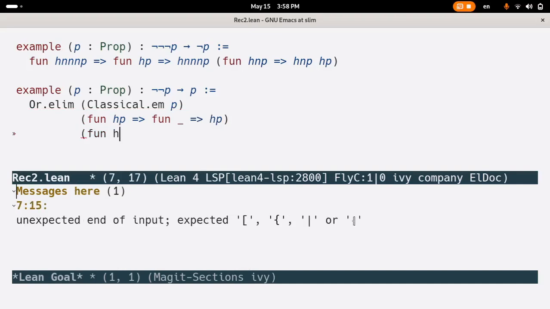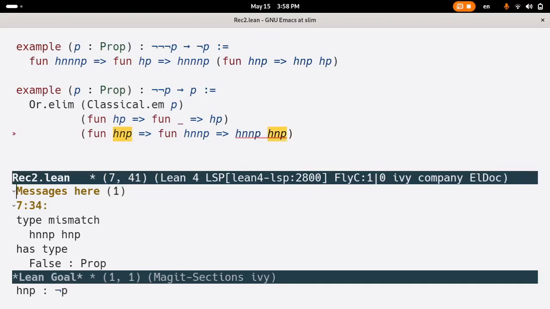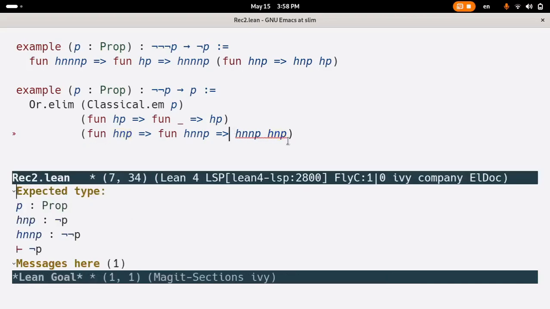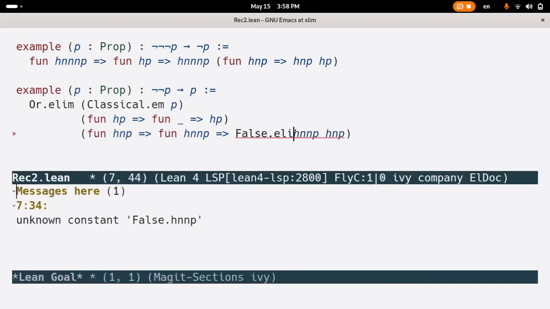In the other case, I have to take a proof of not P and produce a proof of the theorem, which must be a function from a proof of not P to a proof of P. If you look at all the data that we have with us, we can apply HNNP to HNP to generate false, but we need a proof of P. This is easy to fix.